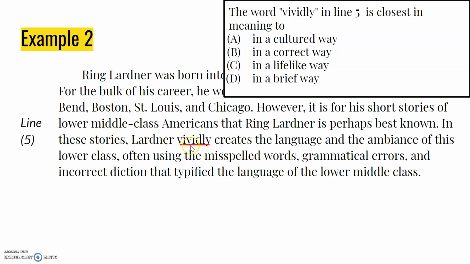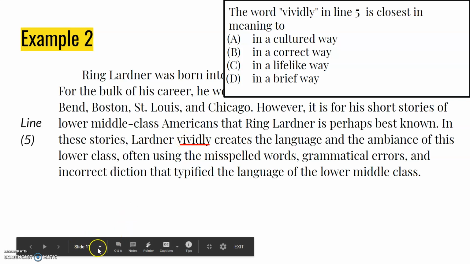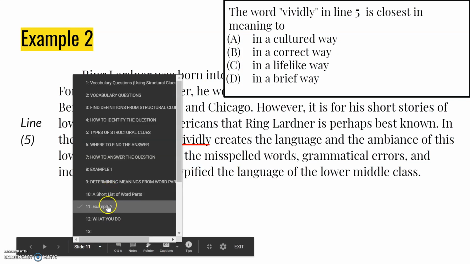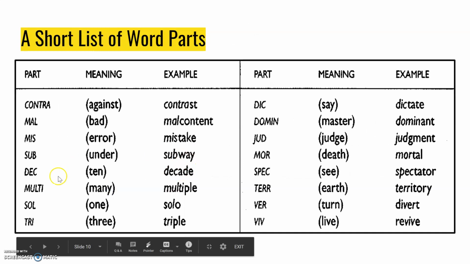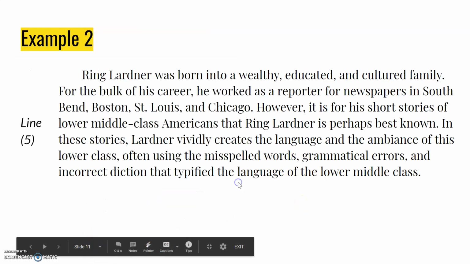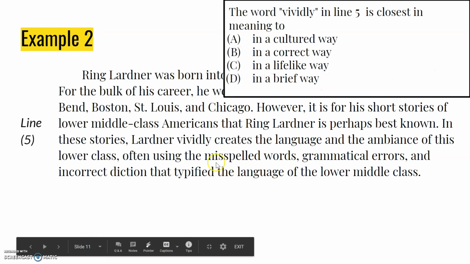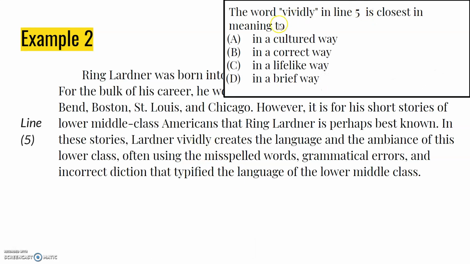If you check the previous slide, for example, revive or vivid, it means live or alive, something to do with that. So vividly here has something to do with life. In a cultured way, in a correct way, in a lifelike way. So here's the best one.